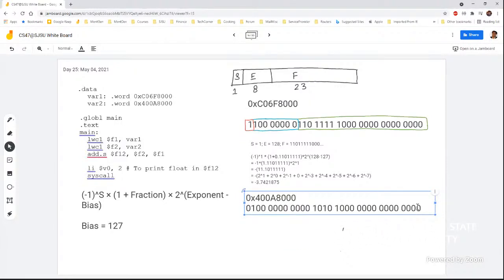Okay, so now again we divide them into our fields. Let's start with the sign, then we have the exponent, then we have the fraction part there.